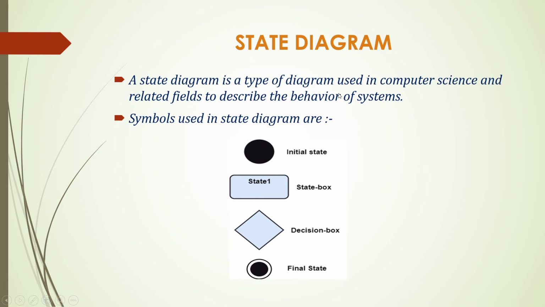The symbols used are mostly the same as the activity diagram, except where we used activity, there's a different shape, a rectangle, which we use for defining the state. The rest, the decision box and final state, are the same. We don't use the fork and join over here, which we use in the activity diagram. So let's see an example.